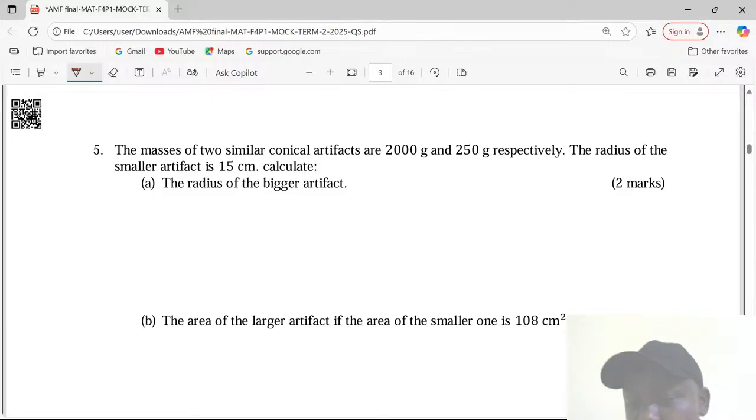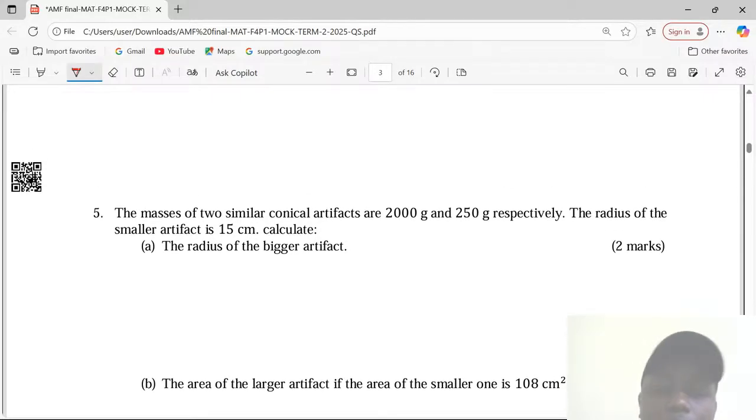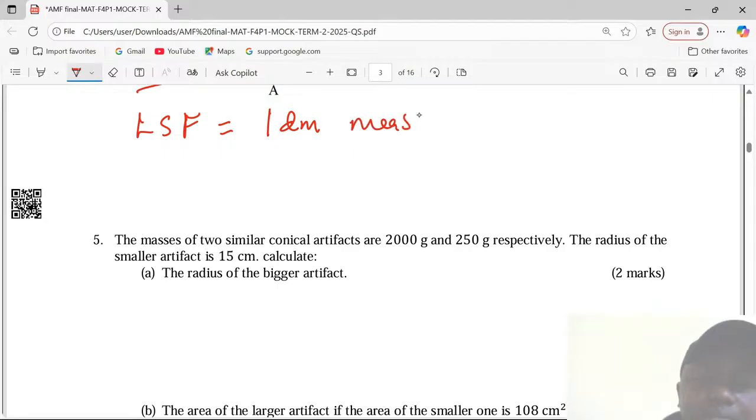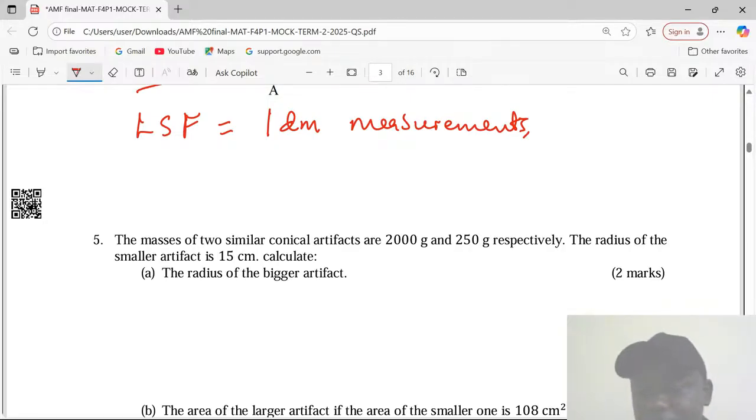Okay, one thing you're supposed to know is that all the measurements which are in one dimension give us linear scale factor. Listen to this one carefully. Linear scale factor is given by one-dimensional measurements. These include length, width, radius, height, all measurements which are linear.